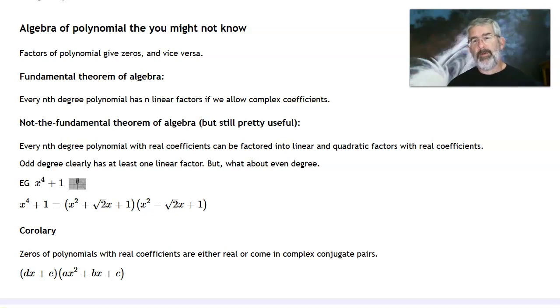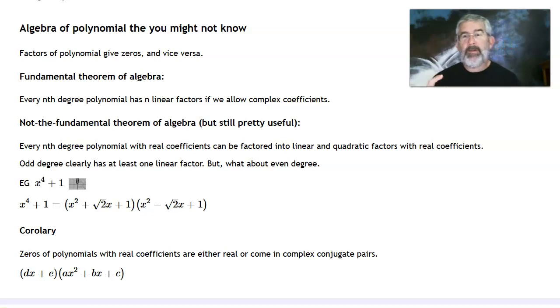The other factor would be an n minus first degree polynomial, which would also have a linear factor, and you can just keep factoring out linear factors and end up with a total of n of them. So every nth degree polynomial has n linear factors, but to get that, you have to allow for complex coefficients. X squared plus 1 does not factor over the reals, but it does factor over the complex numbers: x plus i and x minus i.